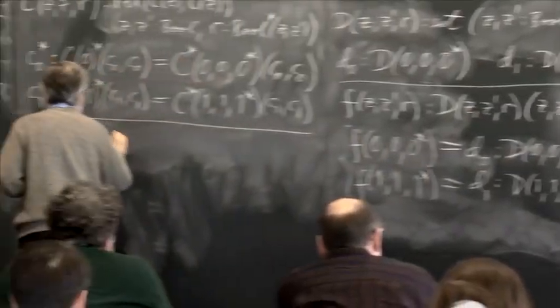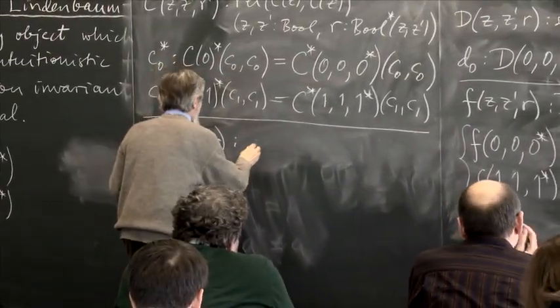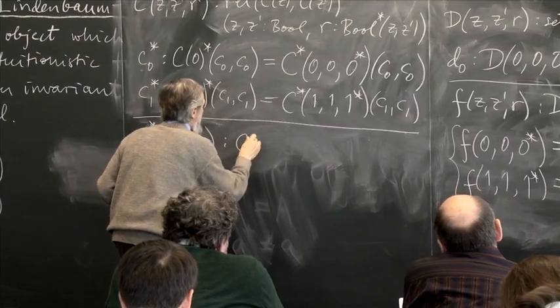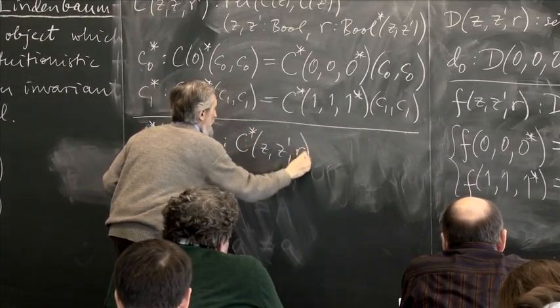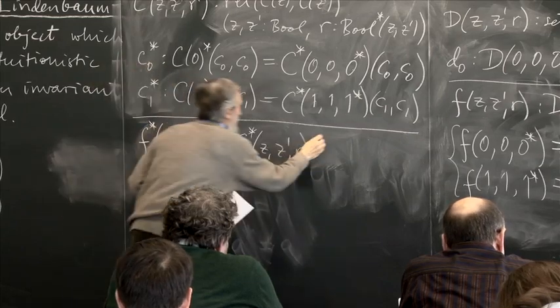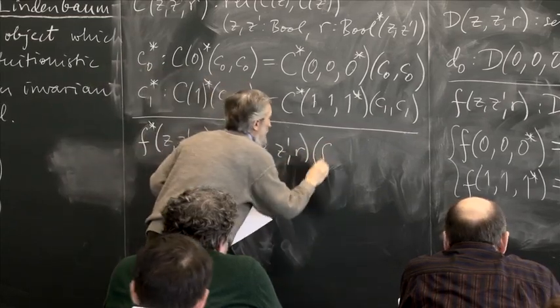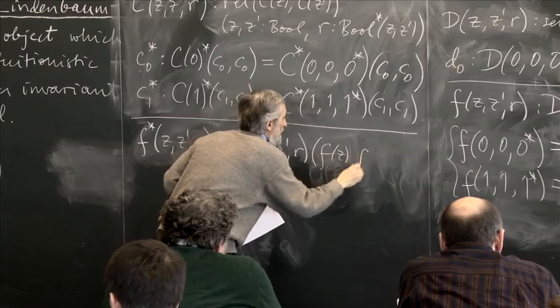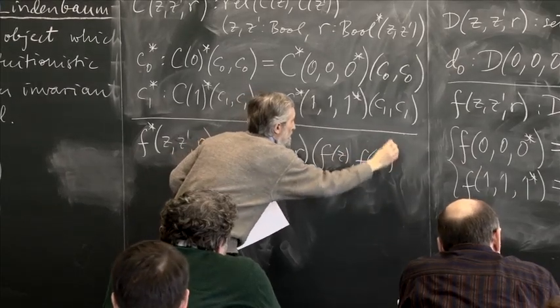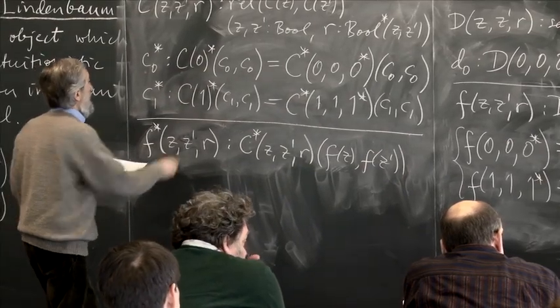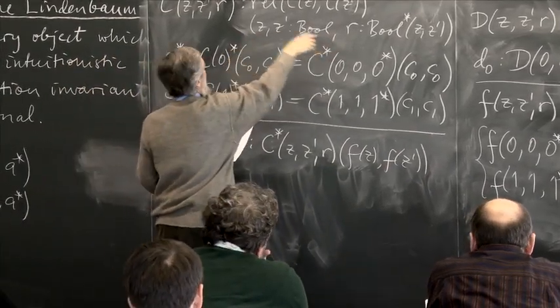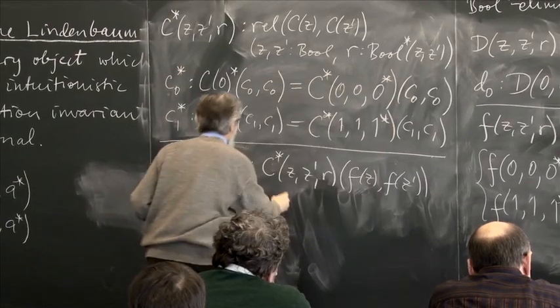So we should have c star of z, z prime, r of f of z and f of z prime. Again, in this context that we have here, so I need not repeat that.